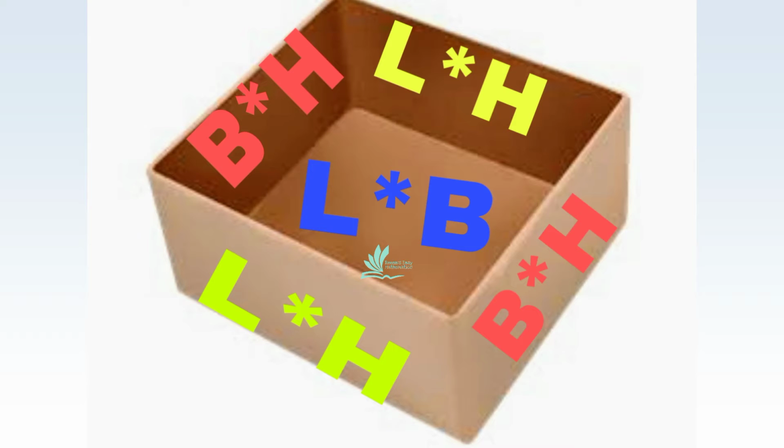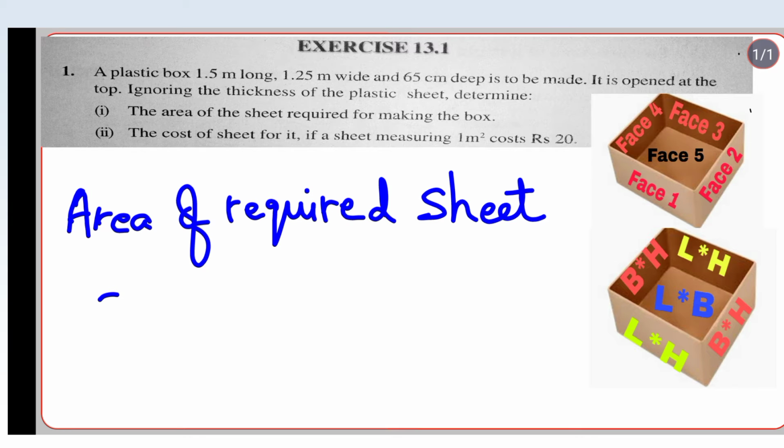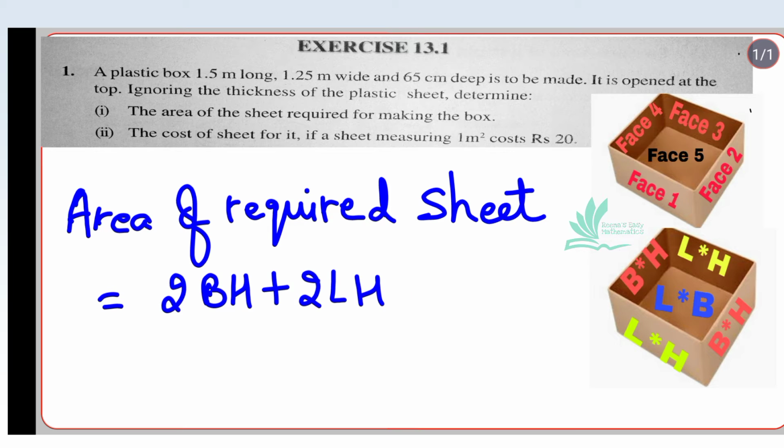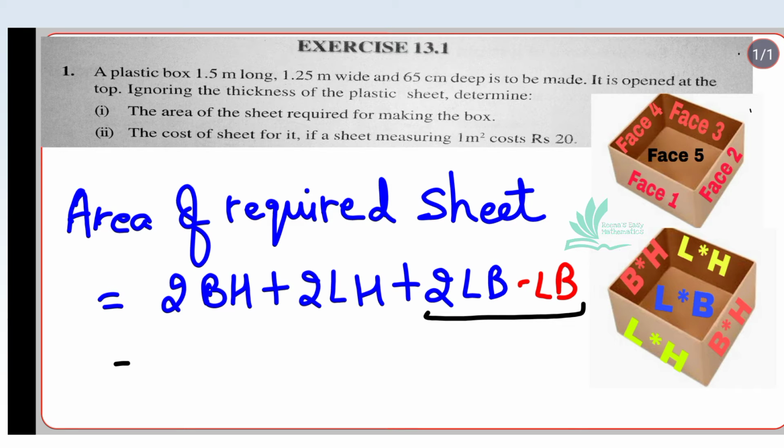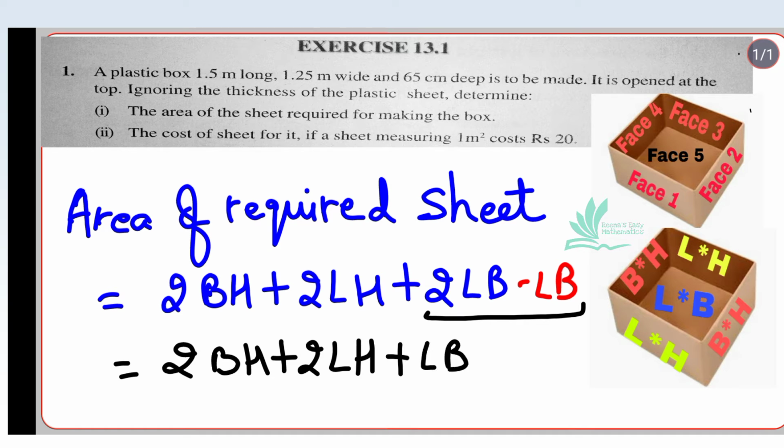And by adding all these 5 faces' areas, we are able to get the area of the desired sheet. Or you can find the area of the required sheet by directly using the total surface area of the cuboid and subtracting only the sixth face, which is length into breadth, from it. By solving directly we can find the formula for the desired 5 faces' area, or the area of an open cuboid.